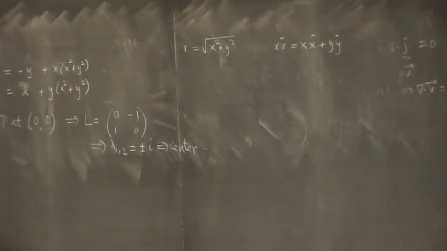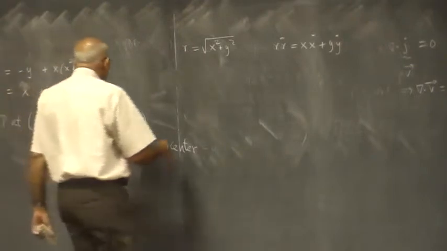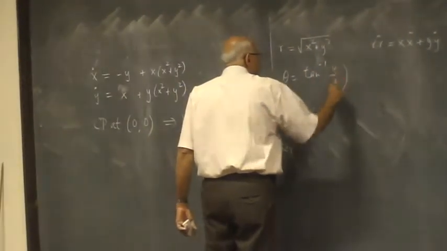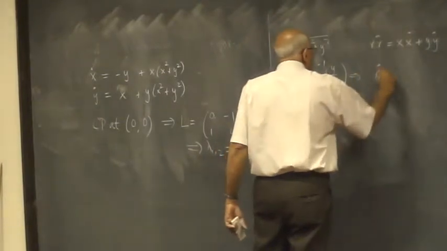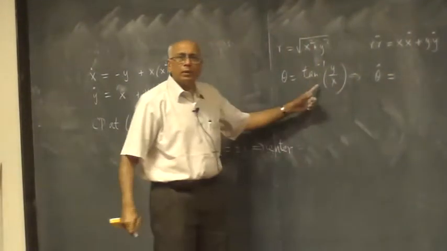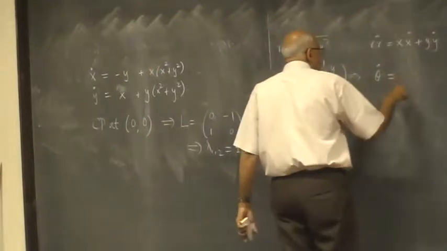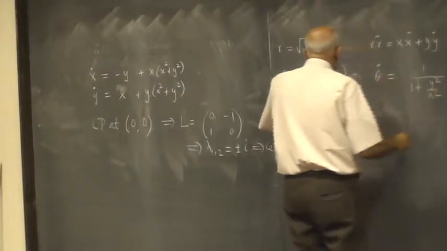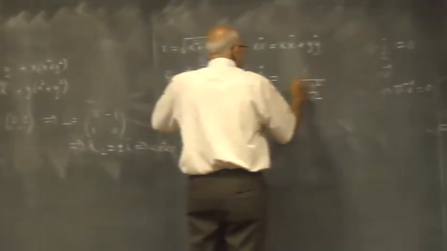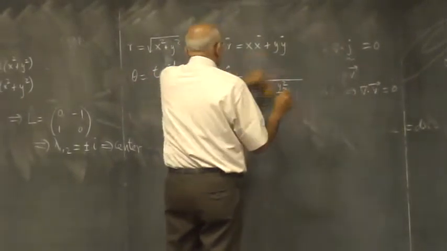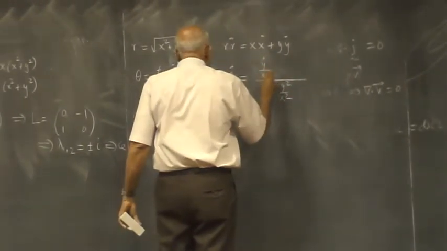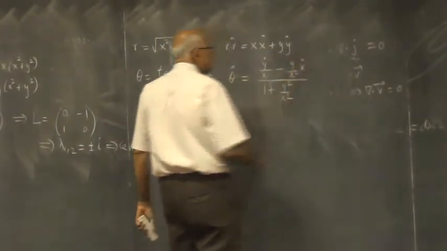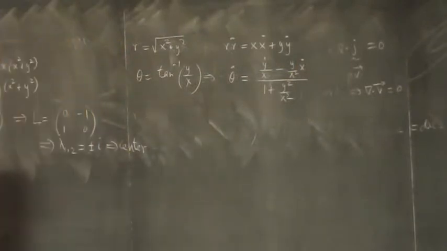We differentiate both sides with respect to time, after the squaring, to get this. And then the polar angle theta is tan inverse of y over x. This would imply that theta dot is the derivative of this guy. So it's 1 over 1 plus y squared over x squared, times the derivative of this with respect to time, which is y dot over x minus y over x squared times x dot, if I have it right.